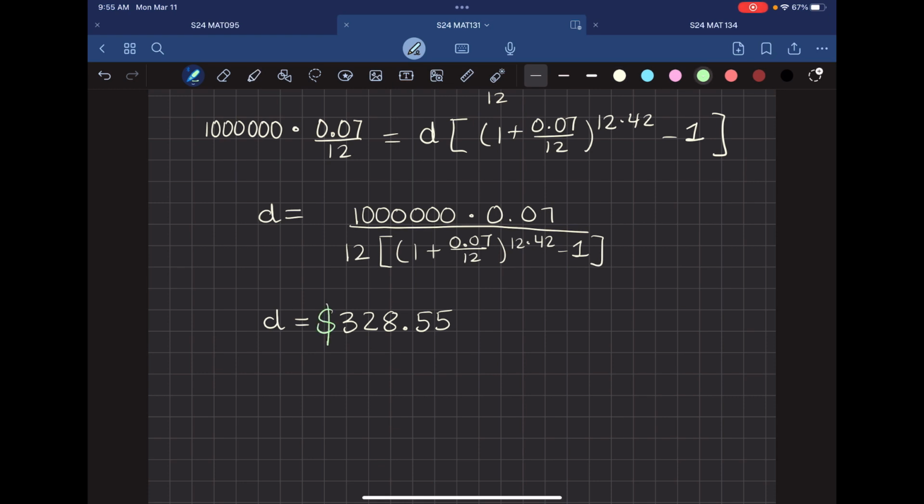And so basically, if you set aside $328.55 each month for the next 42 years into an account that is earning 7% interest, you will have $1 million set up for you by the time that you are 60 years old.